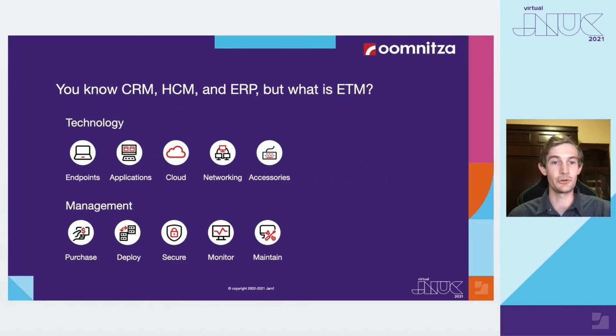Technology also includes your cloud infrastructure, so any virtual machines or containers that you may have running across Amazon, Microsoft, or Google's cloud, not to mention vCenter and VMware deployments. It also includes all of your networking gear, so your routers, your switches, your hubs, as well as any virtual networking appliances. And last but not least, technology includes accessories, so your mice, your headsets, your keyboards, any other peripheral devices. That's what we mean by technology.